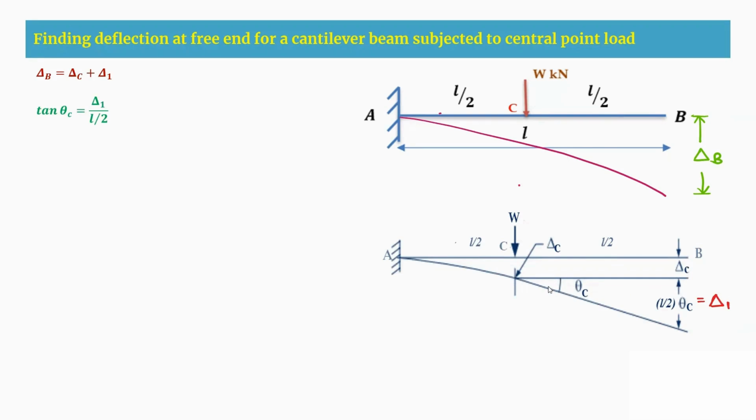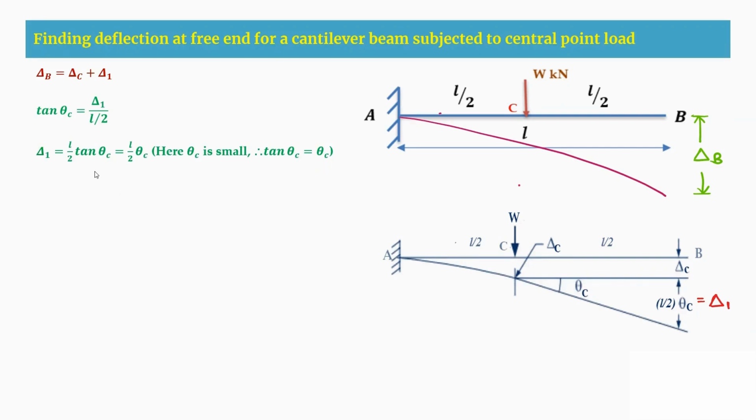Now tan theta c will be equal to the opposite side by the adjacent side, that is delta 1 by L by 2. So delta 1 will be equal to L by 2 into tan theta c. As the angle is small, tan theta c is approximately equal to theta c.